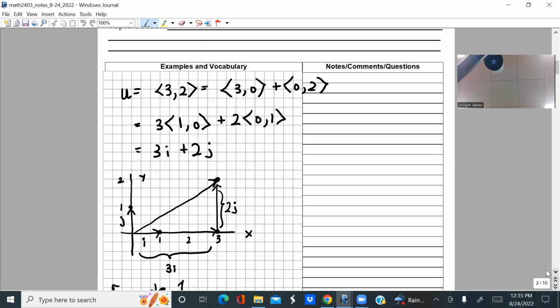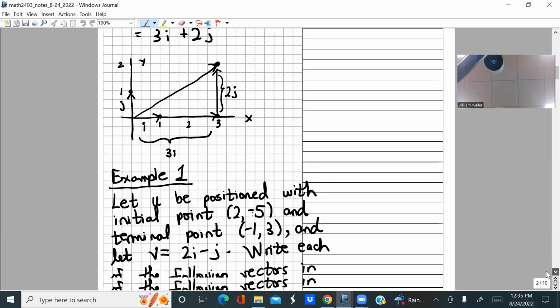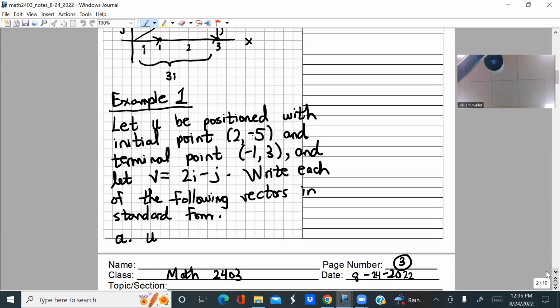Writing a vector as a combination of the vectors I and J is called standard form, by the way. Component form is slightly different, but very similar. Let's try this quickly, but it's very easy to do.